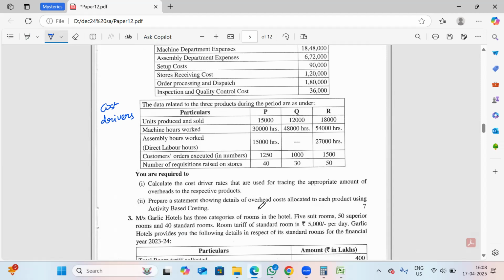Out of 7 marks, at least 3 marks will be allotted for calculating the cost driver rate. Then they have asked to prepare a statement showing details of overhead cost allocated to each product using activity based costing. So let's prepare that.